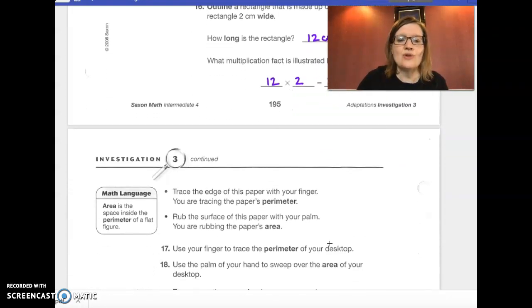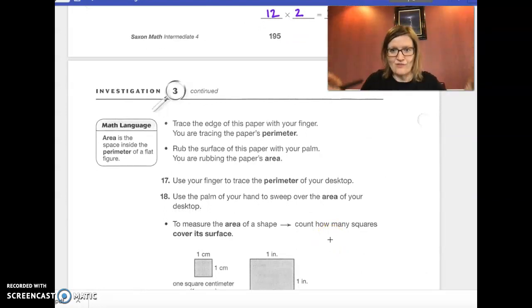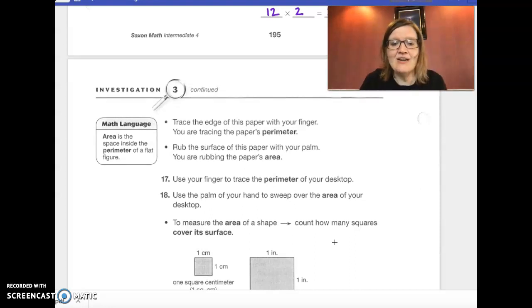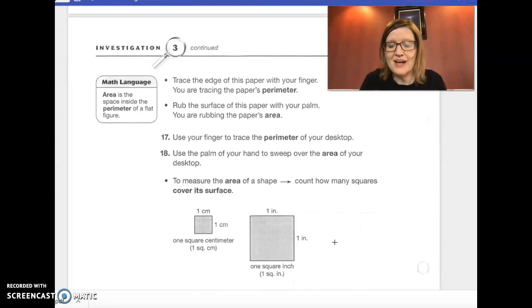And now trace this paper with your finger. Rub the area with your palm of your hand. When you're tracing around it, that is the perimeter. The area on it, that is your area. And to measure that flat area, you can divide it up into groups, into squares.